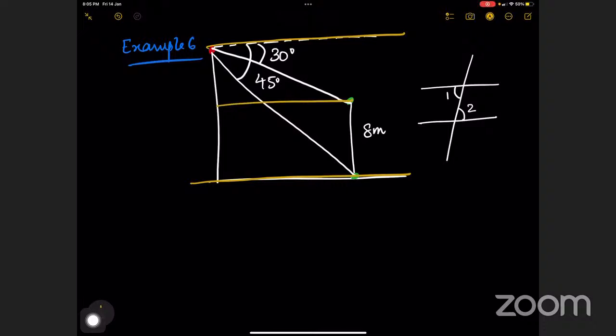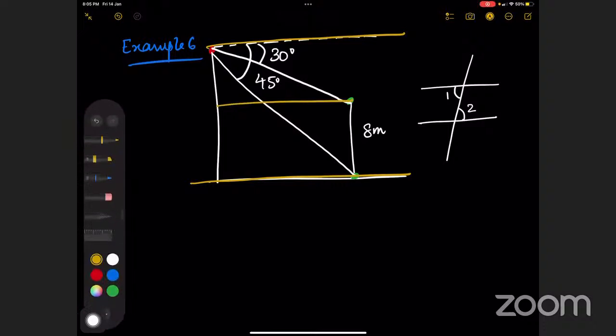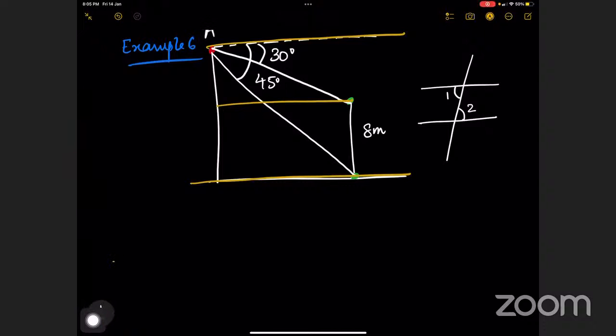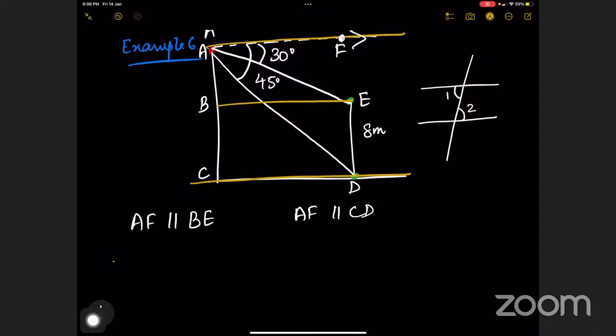Let me mark this as A, this is B, this is C, D, E, and let this be F. So this line AF is parallel to BE, and AF is also parallel to CD. When AF is parallel to BE, AE is the transversal. So if this angle is 30 degrees, this angle is 30 degrees. Can you say this angle is also 30 degrees? Alternate interior angles.